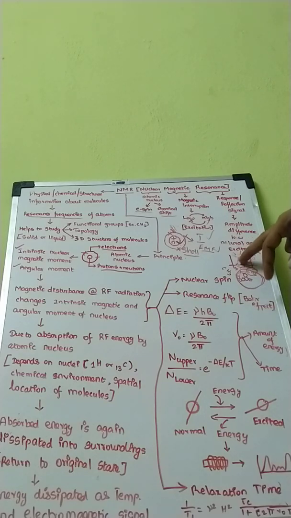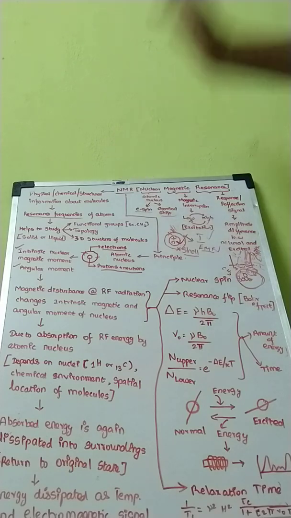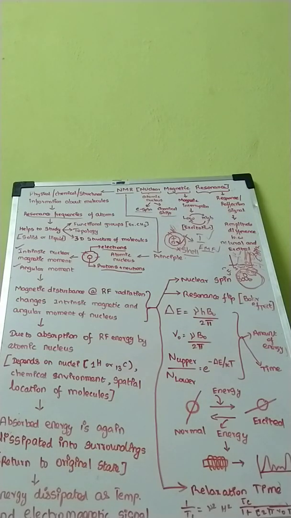That is, one is hydrogen, another one CH3. So this is confirmed with the NMR technique. Then I try to do some analysis with which I shall study the physical, chemical, and structural aspects of molecules. So this is what literally happens in nuclear magnetic resonance.